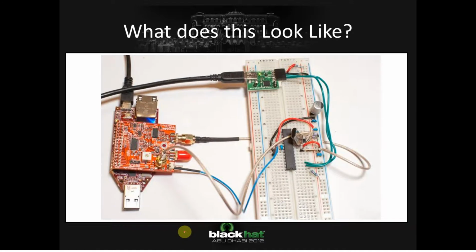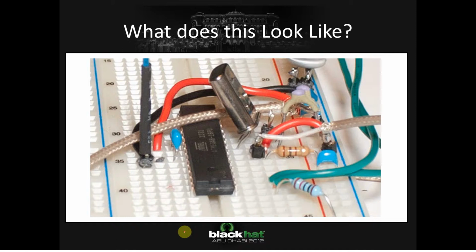So when you do this, it looks very easy. So here I've built a circuit on a breadboard, and I have an AVR microcontroller in the center, and I have the trigger signal going off here. I have this shunt resistor here, and this is what I'm measuring the power being consumed by.